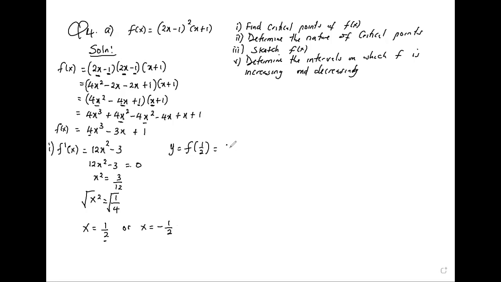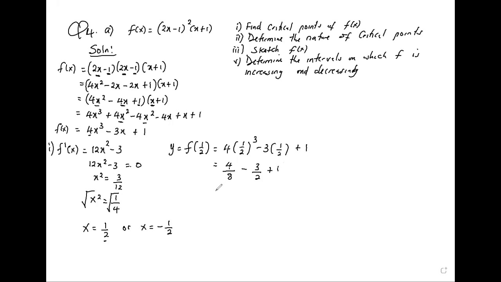So we have 4 times half to the power 3, minus 3 multiplied by half, and then plus 1. So we get 4. 1 to the power 3 is 1, and 2 to the power 3 is 8. And then minus 3 over 2, plus 1.